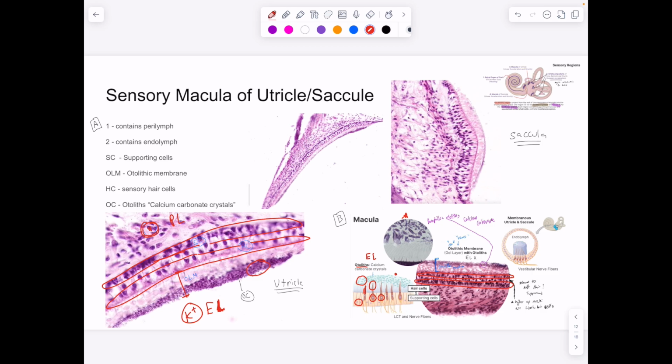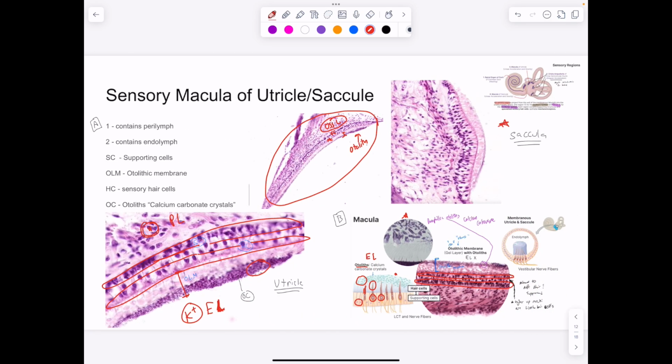So this is the zoomed out version of a macula. You can see you have your otoliths. This is your otolithic membrane. You have your hair cells, supporting cells, and then this part back here is part of the osseous labyrinth.